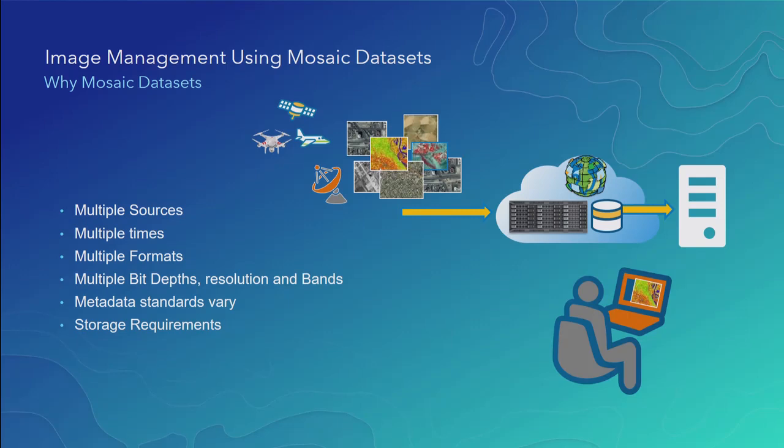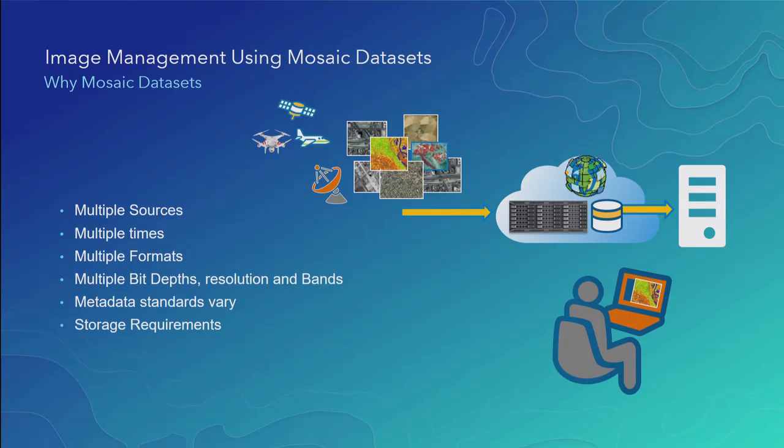So that's another issue, right? Our data providers don't necessarily provide the data in the same bit depth. So there's a mishmash of all of these bit depths, but you still want to create a unified Mosaic dataset or a unified image service which you can use across the board for either visualization purposes or for analytical purposes.